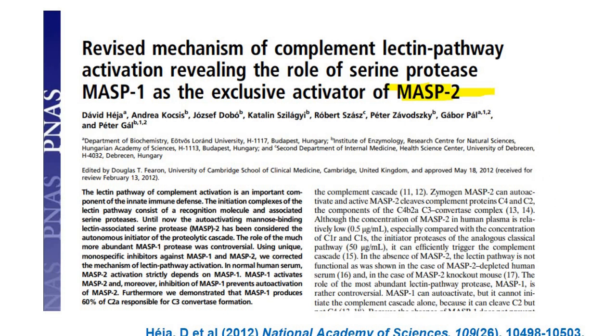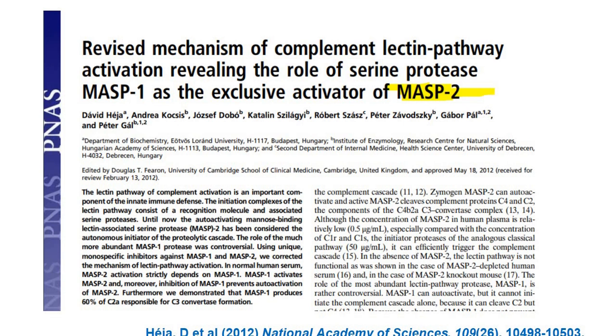There are 3 MASPs in blood: MASP1, MASP2 and MASP3. Your book mentions that most studies of MASP point to MASP2 protein as the most important player.